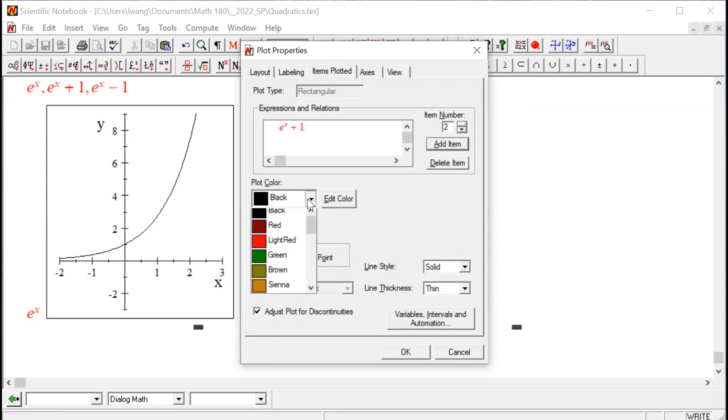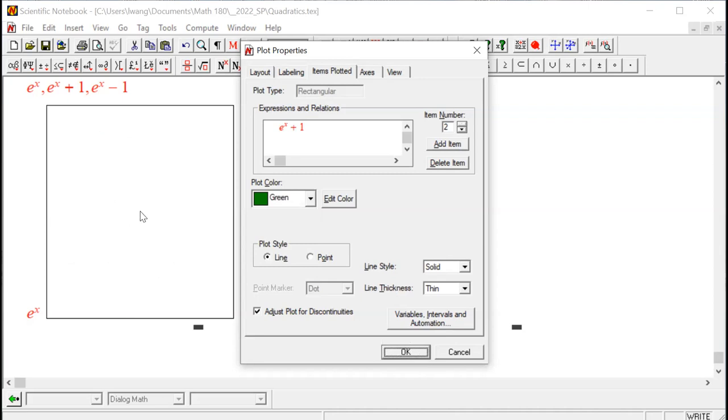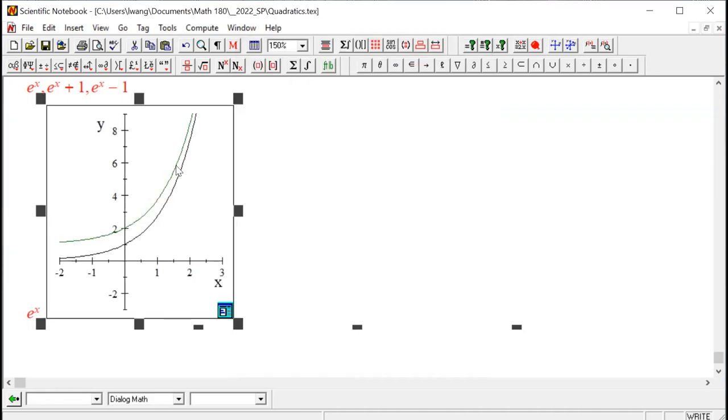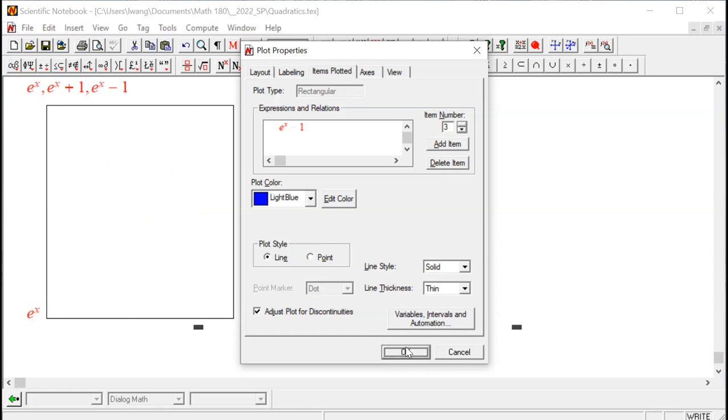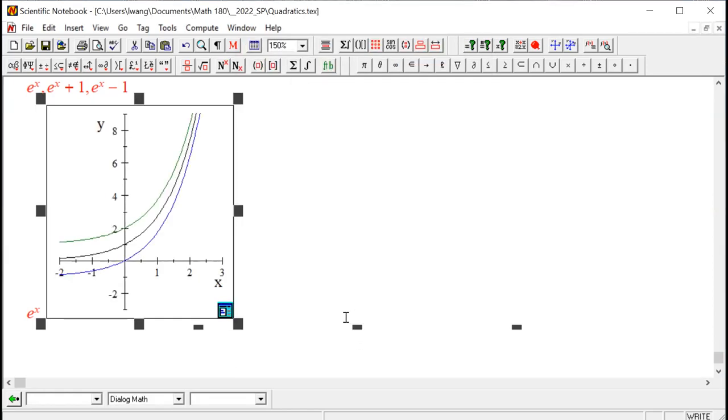The entire function will shift up. Every point shifts up. And how about e to the power x minus 1? And this is going to be the blue. You guessed it. Shift it down by 1 unit.